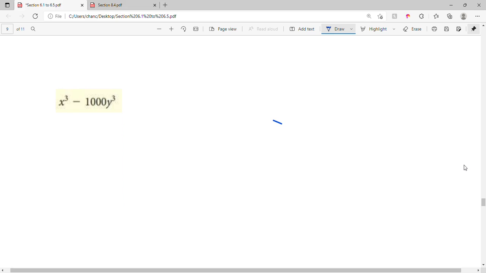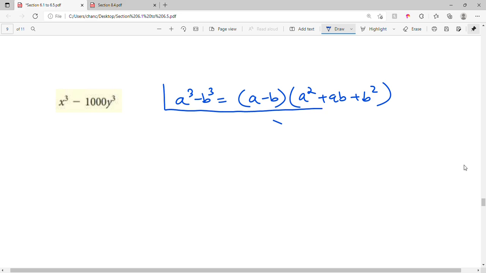In our last example, this is of the form a cubed minus b cubed, and the formula for that is a minus b times a squared plus ab plus b squared. Again, try to memorize this one if you can. It will help you factor the difference of cubes much faster.